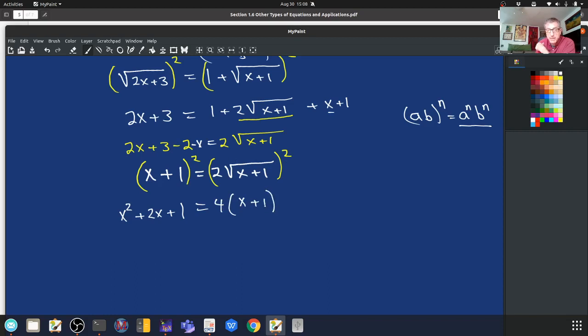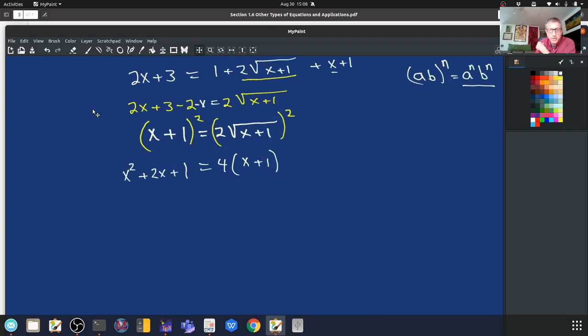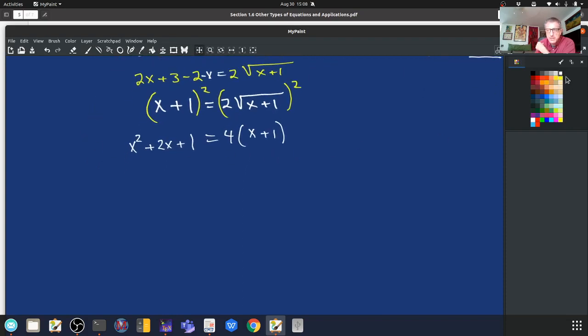Oh, it's beginning to look a little bit better, although I do see I'm going to have a quadratic equation to deal with. But we do have the quadratic formula, right? So it's just a simplification now. It's just algebra. x squared plus 2x plus 1 is equal to 4x plus 4.